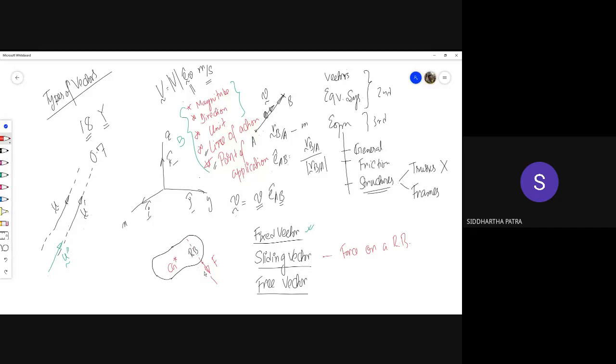You also cannot change the line of action, because otherwise the moment and the angular acceleration would be different. But if you want to keep all the effects the same on a rigid body, you can at least change the point of application. So you can change this for a force on a rigid body, and therefore a force on a rigid body becomes a sliding vector.